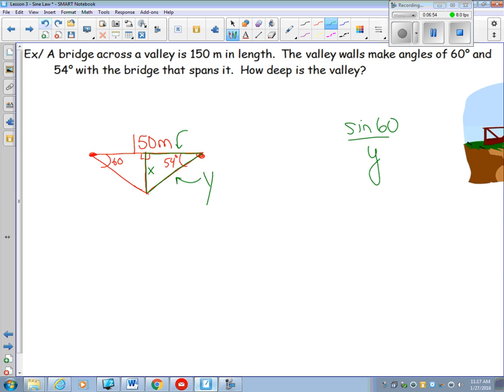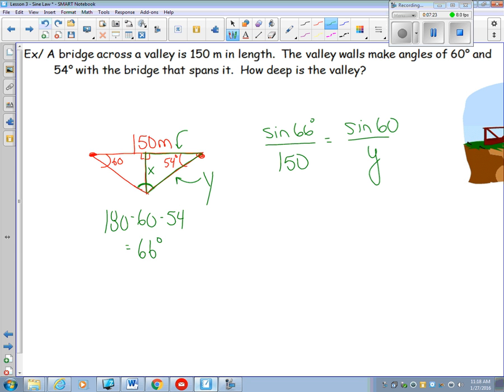I also know that 150 goes across from the angle at the bottom down here, which is not given, but I know the idea of 180 minus 60 minus 54 will allow me to solve for that. And I'll get 66, which means I could solve the outside parts of this triangle using the sine law.